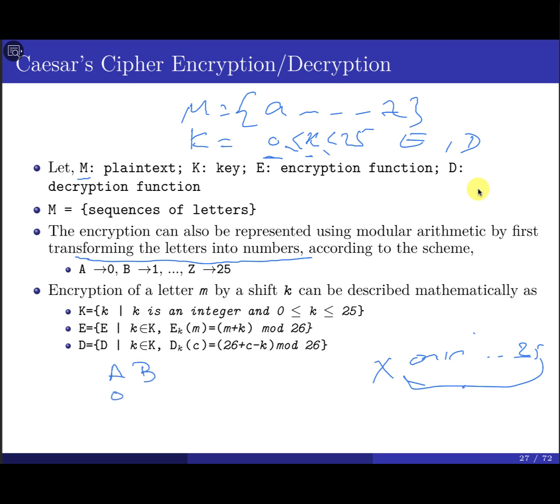If you have B, it's going to be represented by 1. Z is going to be represented by 25. Just to simplify the process, we try to find a way to describe encryption and decryption mathematically. The key, by the way, is going to be an integer between 0 and 25. That's what we did. Then for the encryption, you can use the table or you can use this mathematical notation here.